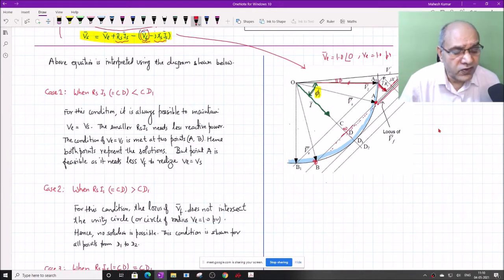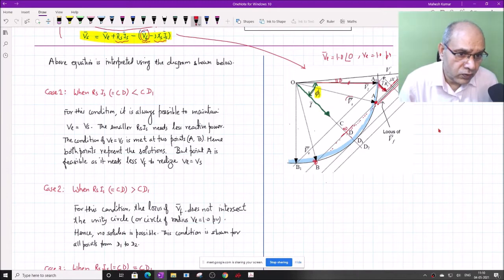So A is more feasible than B. Therefore, the correct solution is A. So now the new value of BS will be OA. So this is the new value of BS, this line.